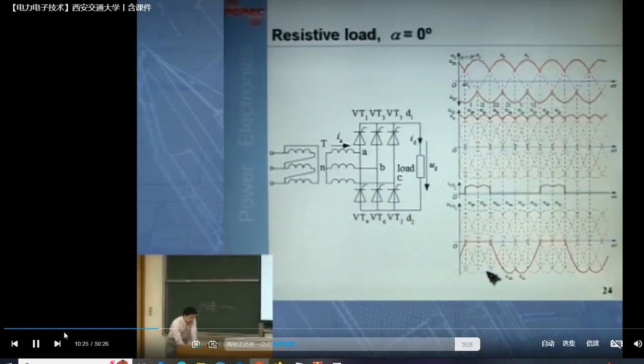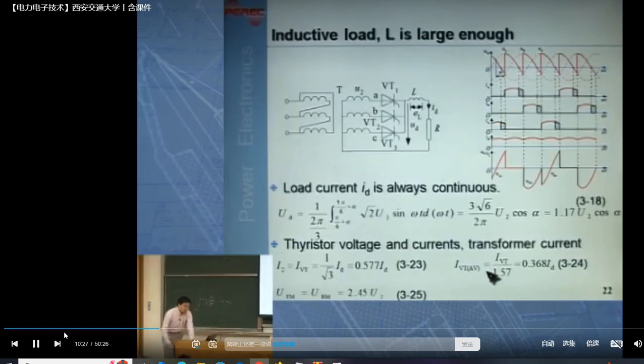Let's come back to the three-phase half wave. Over here, for three-phase half wave, this is the current flowing through phase A, and the phase A current must be the same as the current flowing through VT1. So the phase A current would be this waveform, and the VT1 current is also this waveform.